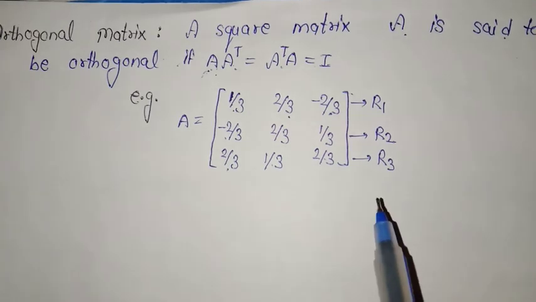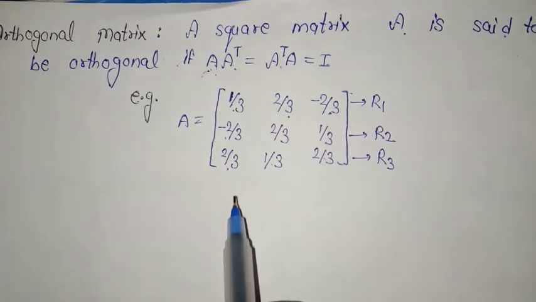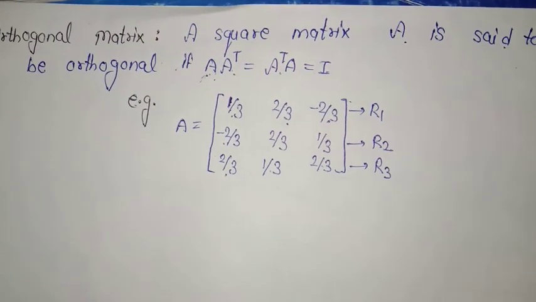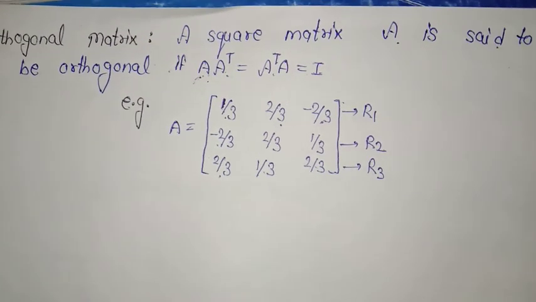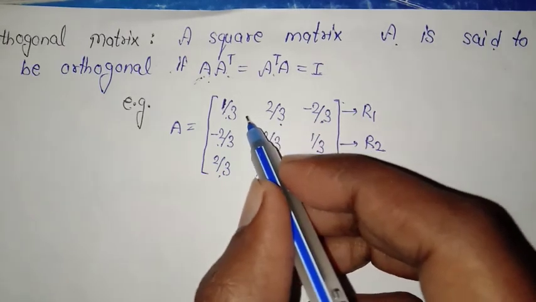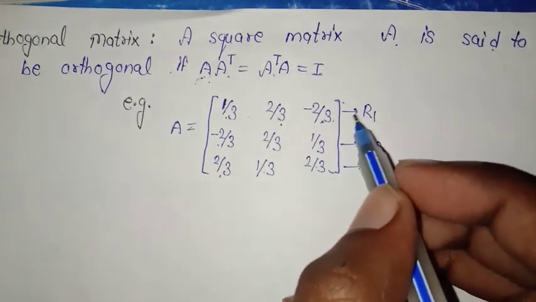Now the question arises: how can we recognize whether the given matrix is orthogonal or not? There is a process, and after applying it, you can say whether the matrix is orthogonal. The first property is that you look at all the rows and take the sum of the squares of each element of each row.